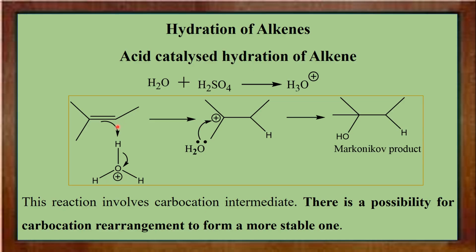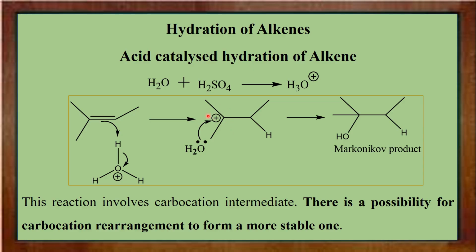So the minus takes up a proton, expelling a water molecule. Once H plus is added here, the other double bonded carbon gets a positive charge. That way a carbocation is generated.